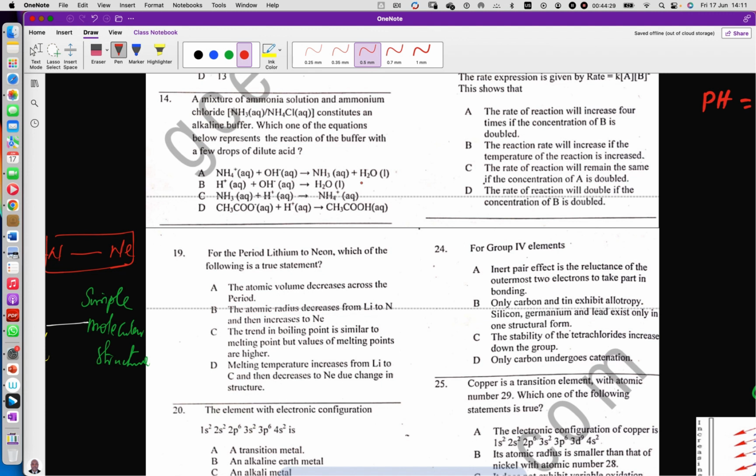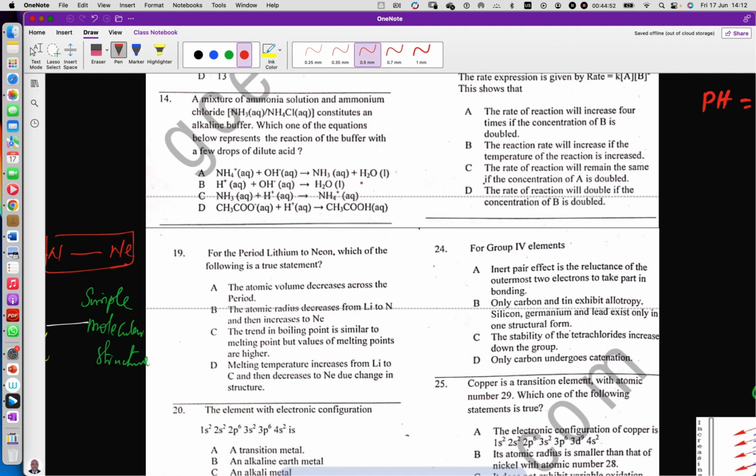Which one of the equations below represents the reaction of the buffer with a few drops of dilute acids? It is not A, as you see.